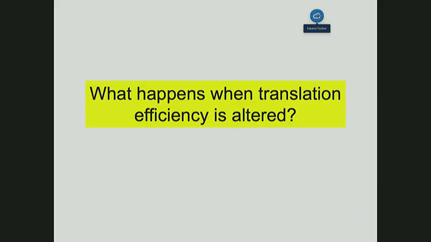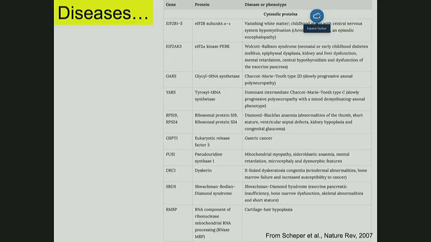All right, so translation is essential, right? We're making proteins all the time, and so it's sometimes surprising to think that there can be disease states associated with these translation factors, and what's going to happen if translation efficiency is altered? Turns out that there are a lot of diseases that have actually been mapped to mutations in various factors that are involved in translation.